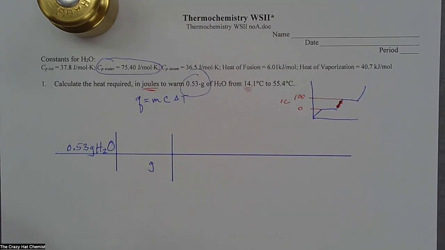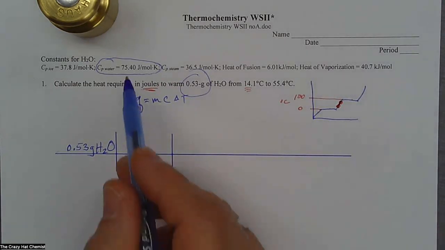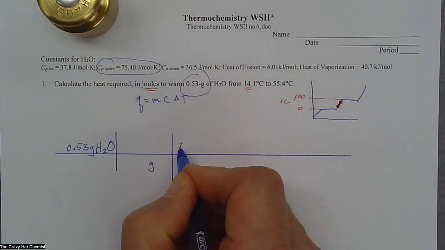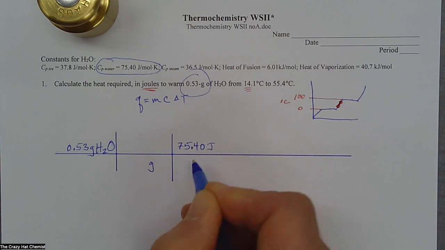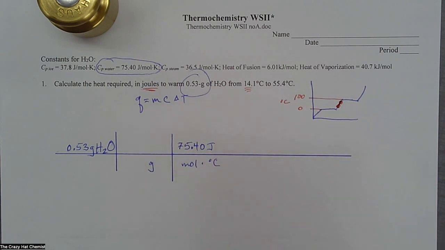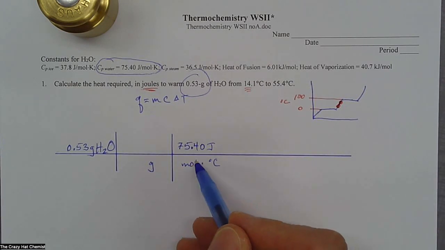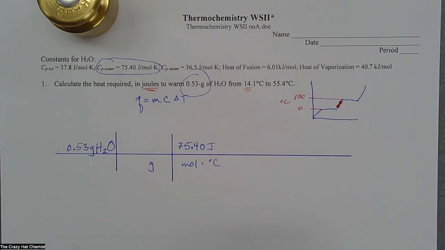Another way to start this problem is actually to use the constant first, and it's going to be 75.40 joules per mole Kelvin or degrees Celsius. We can use either one of these. They are going to be the same because the change in temperature for degrees Celsius and Kelvin are the same. So you should see that I need to cancel out the moles in order to get joules as my final result.